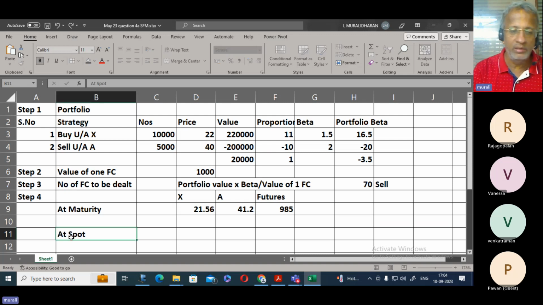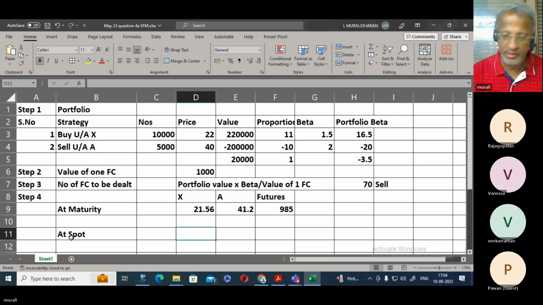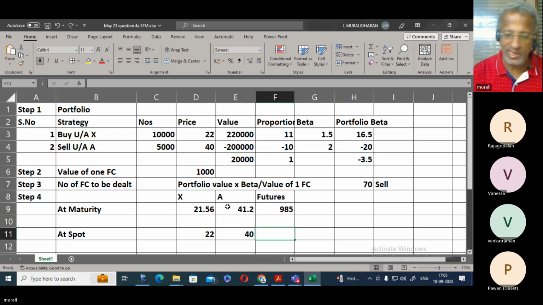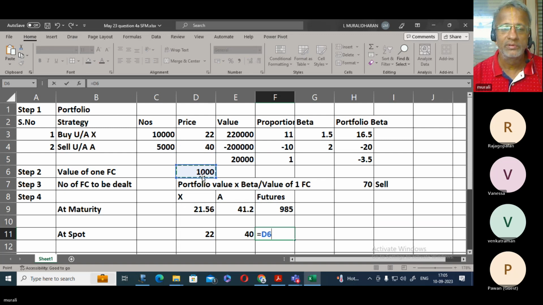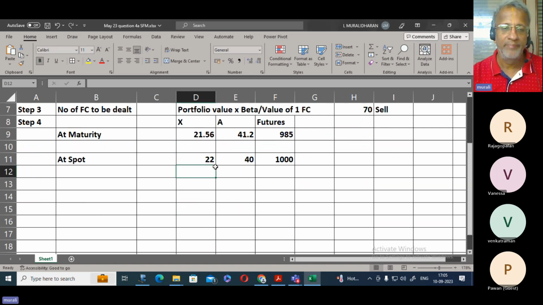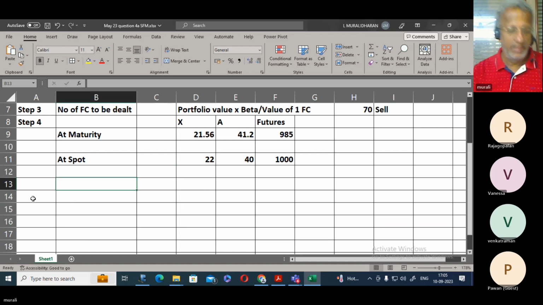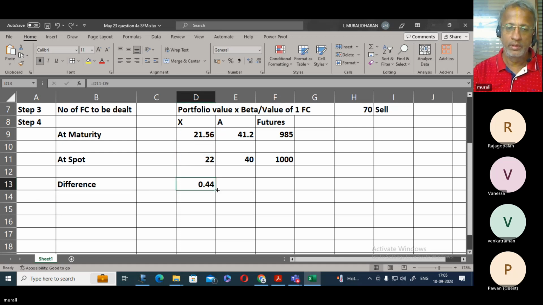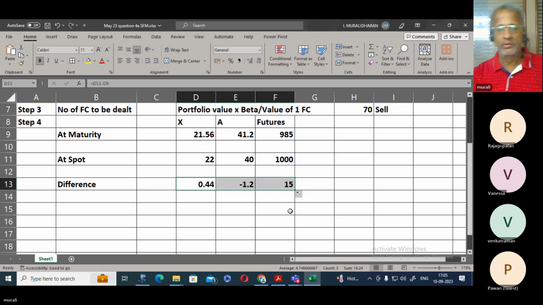At spot, what are their prices? Their prices are 22, 40 and 1,000. Is that right? Say yes or no. Yes, sir. Now the difference.